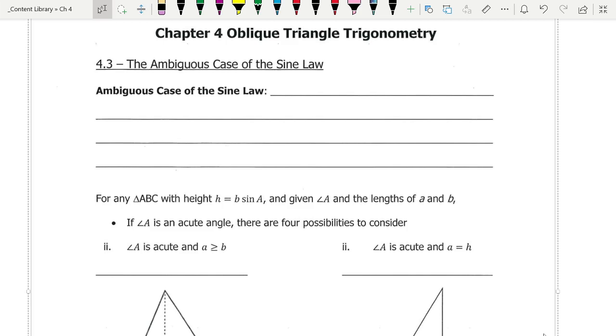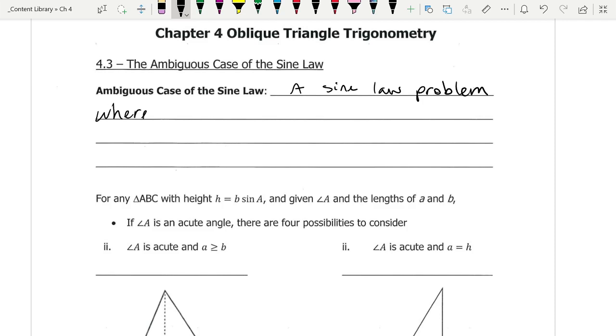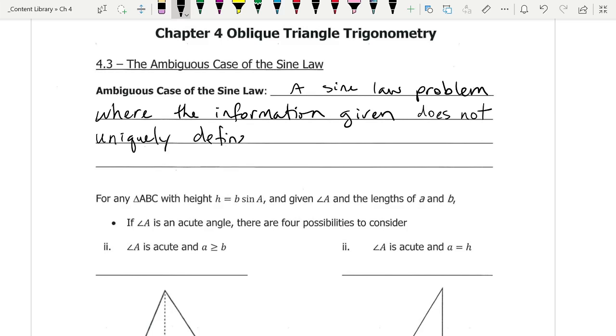So what do we mean by the ambiguous case of the sine law? It is a sine law problem where the information given does not uniquely define a single triangle.